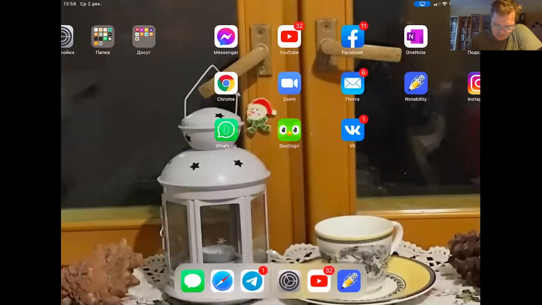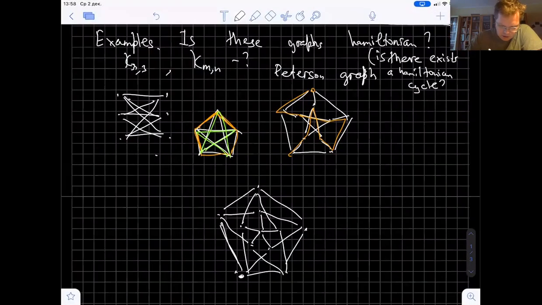Sir, if it's a K3,3 graph, then I think it definitely has a Hamiltonian cycle. Yeah, of course, because you could just try and find something. You start here, go through here, then here, and here. So you just go to the other part and then return to the new vertex and so on.